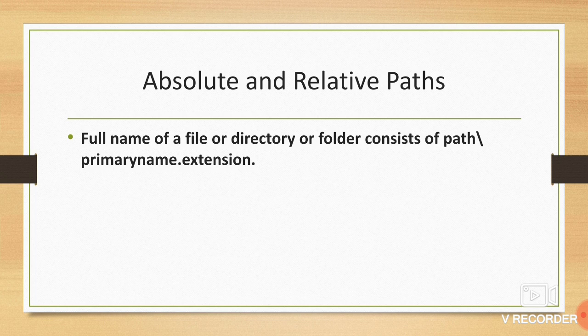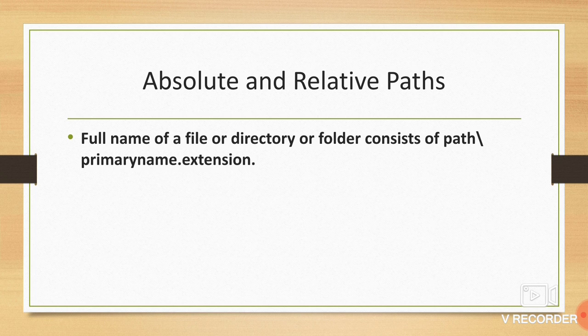The file which we are storing in our computer is stored in a particular path. Whatever file we store, we save it in a particular directory, in a particular drive. So it has some path. If we want to search for a file, then we must know the path of the file. Okay, we should know the path of a particular file. So how can we do that? So full name of a file or directory or folder consists of a path, primary name dot extension.